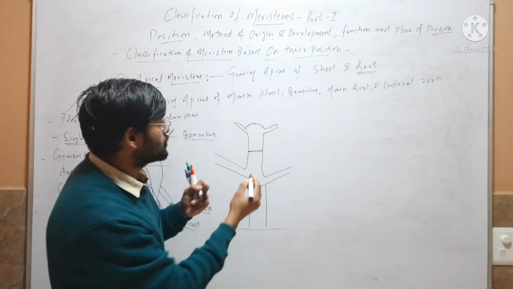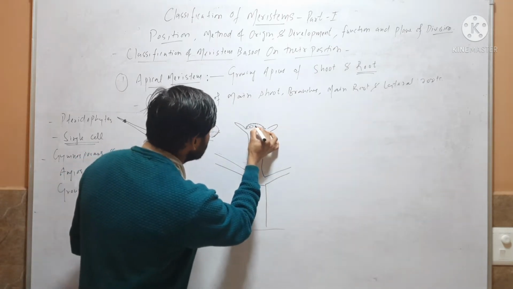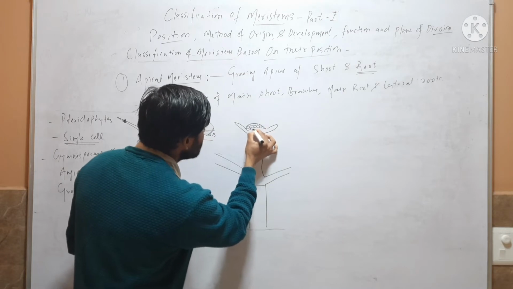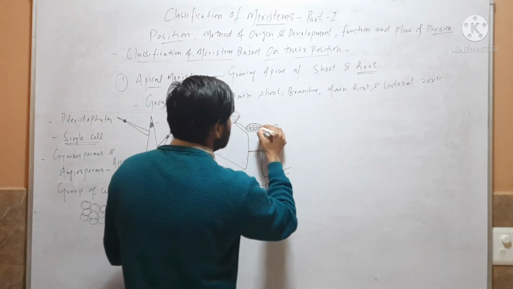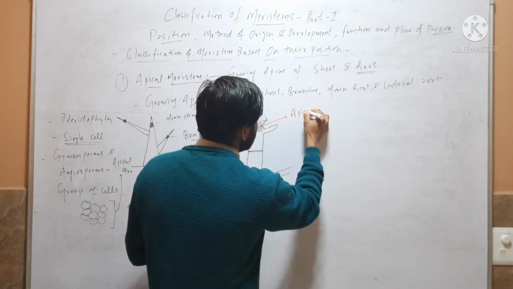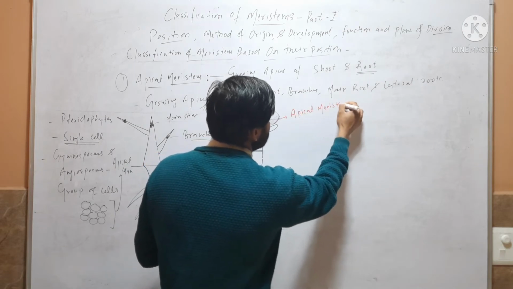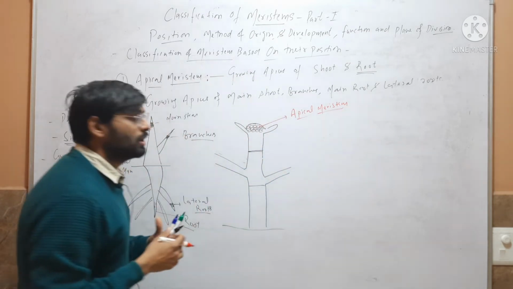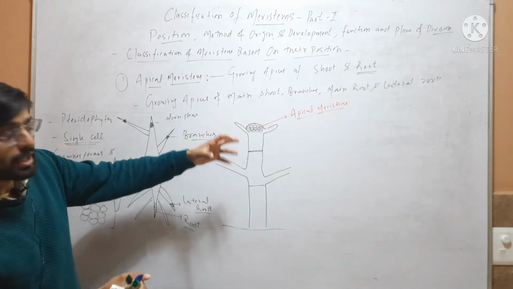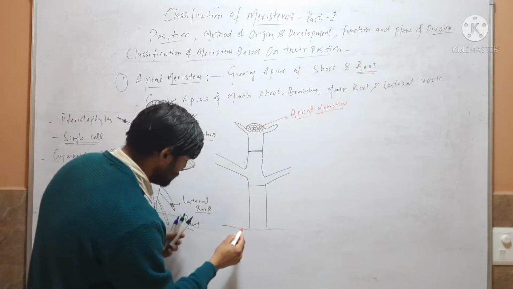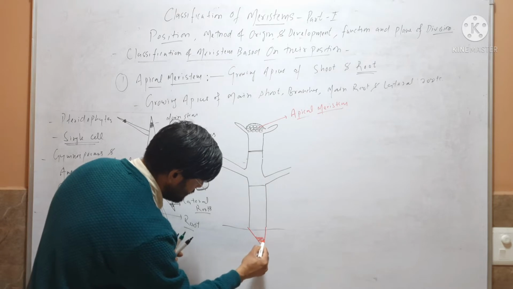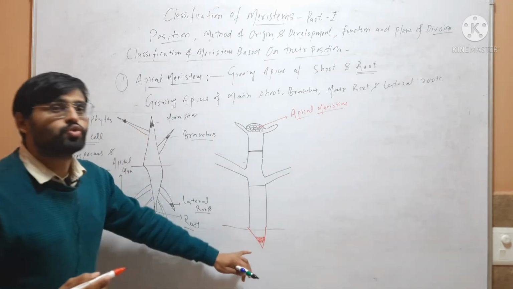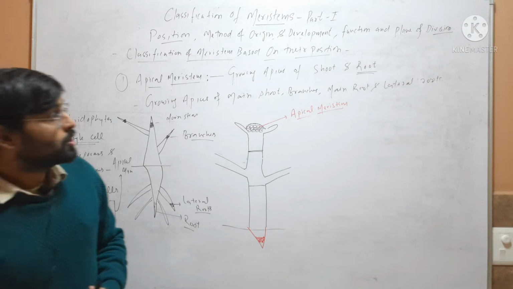This is the apical portion of a plant. So the group of cells present at this apical part is called apical meristem. In case of roots, the group of cells that is present at the growing apices of root is called apical meristem of root.